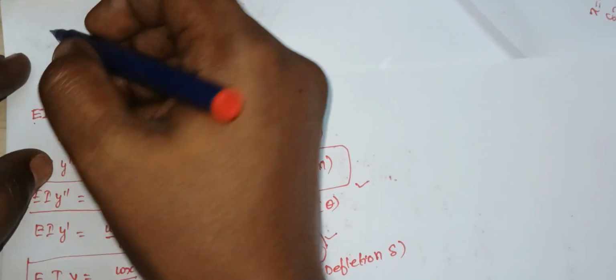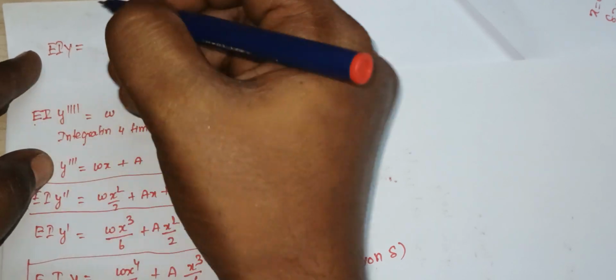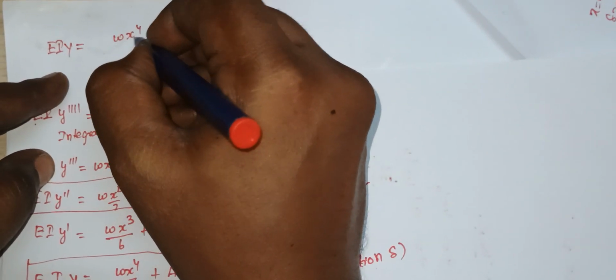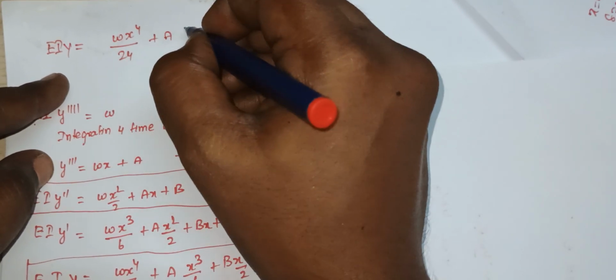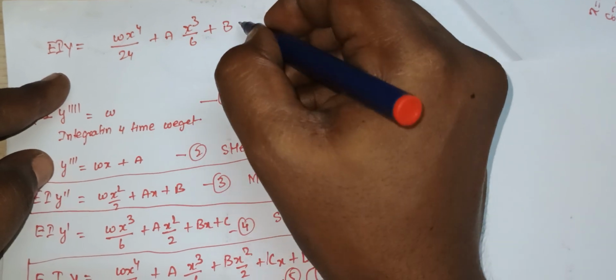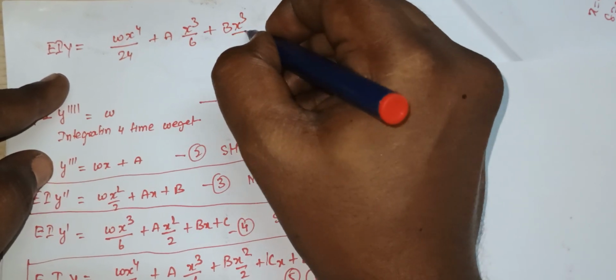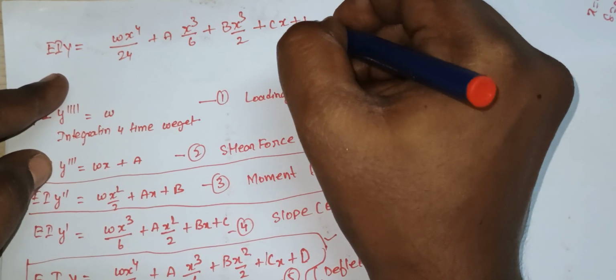E into I into y is equal to w x power 4 by 24 plus a into x cube by 6 plus b into x square by 2 plus c into x plus d.